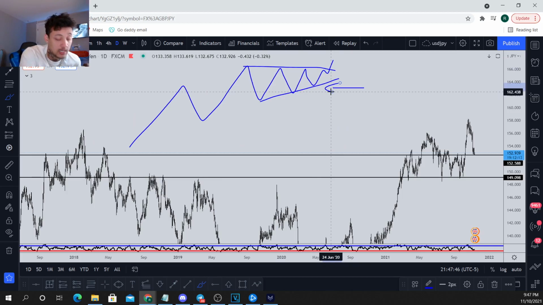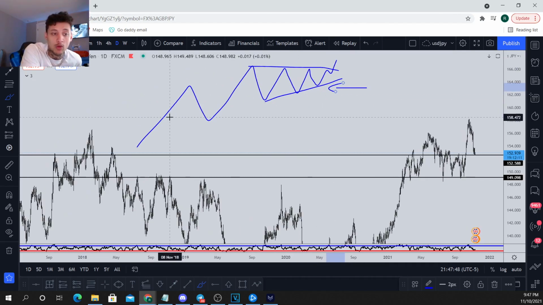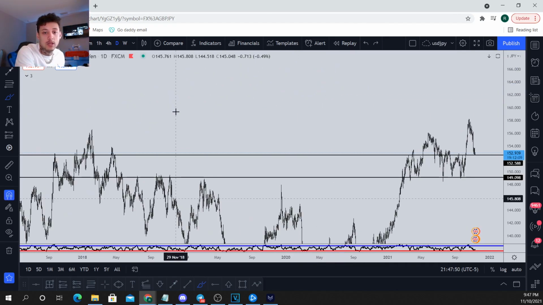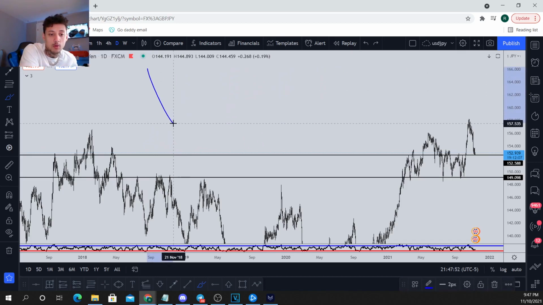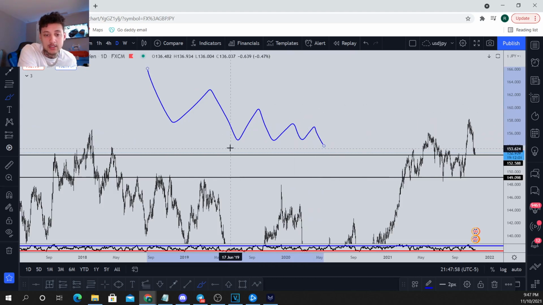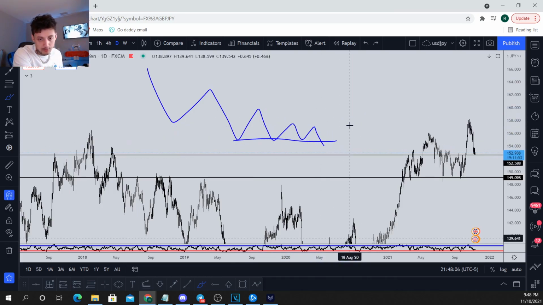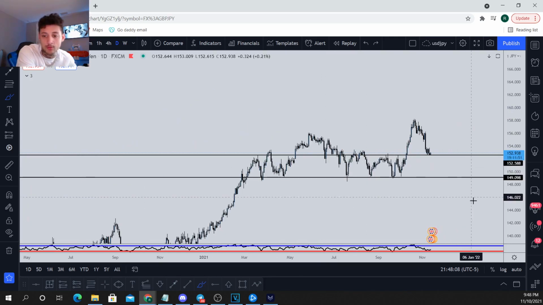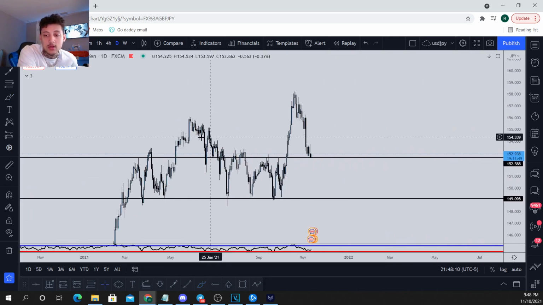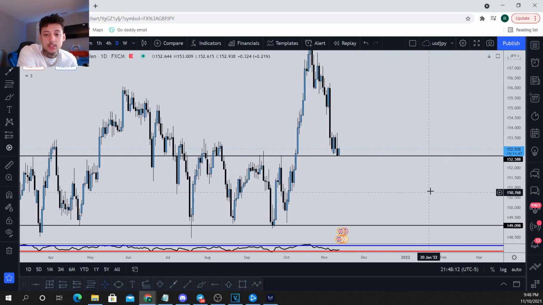This is going to be an example of an ascending wedge, and a descending wedge is pretty much the opposite, where price is forming lower lows and lower highs. So here we have our lows, and here we have our lower highs. This is an example of a descending wedge. Like I said, there's many different forms of pullbacks within the market, but I just wanted to cover that really quickly.